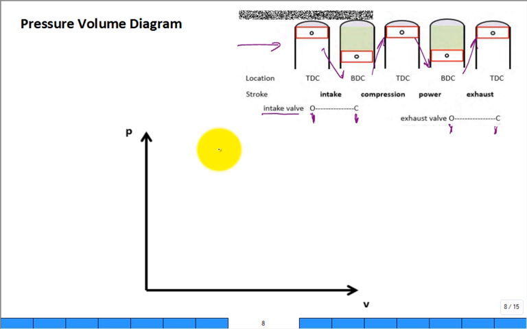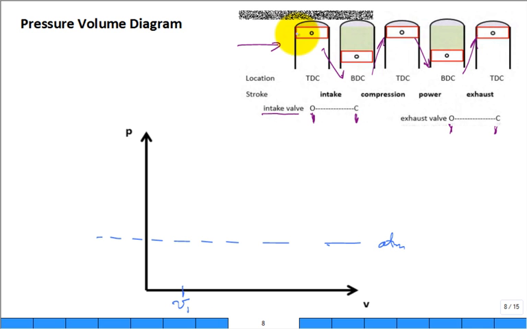Now, on this PV diagram, we want to put in a pressure that's atmospheric pressure. That's atmospheric pressure. Okay, now, you're going to start it when you're at top dead center, and it'll have the smallest volume. So this will be the volume at state 1.